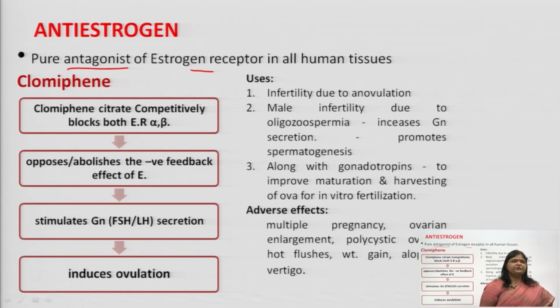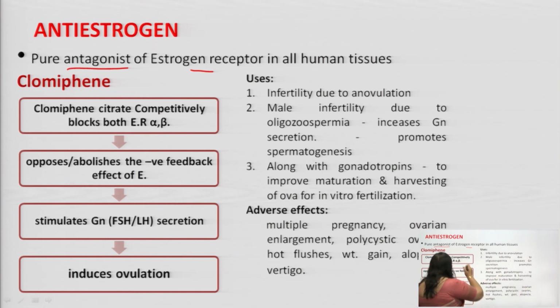In certain tissues they act as agonist, in certain tissues they act as antagonist. But these anti-estrogens are pure antagonists of the estrogen receptors in all the human tissues, and the drug is called clomiphene.